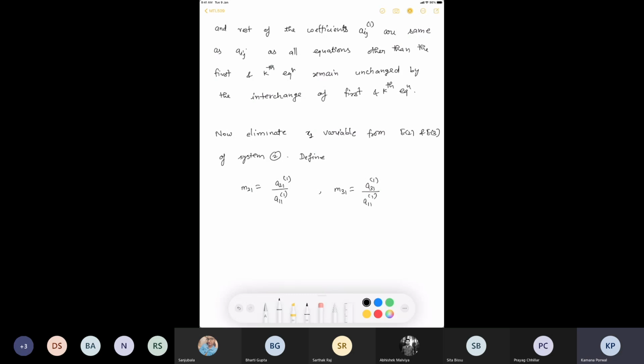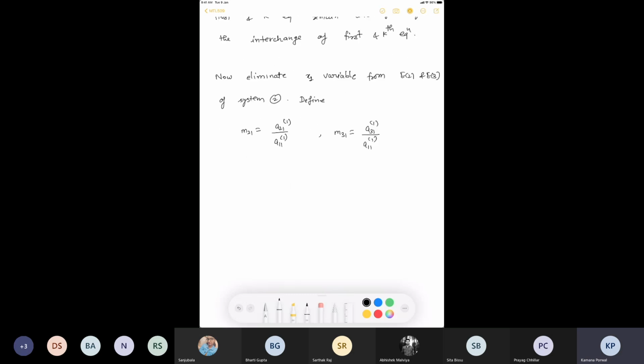Okay. So now what is the elimination step? Basically I have to replace E2 by E2 minus M21 times E1. So I'm going to multiply equation 1 by M21 and subtract from E2. And then for the third equation, I'm going to multiply the first equation by M31 and subtract it from the third equation.